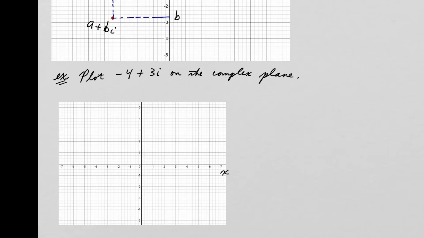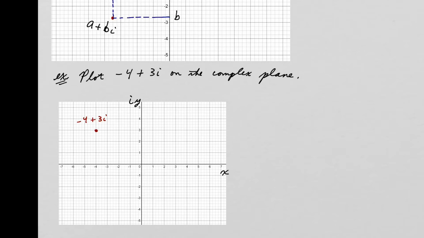Remember, again, this is x, this is i, y. So I would go -4 to the left, that's the real number part, and then up 3, right, to give me the imaginary part. So this would be the number right here. This would be -4 plus 3i.